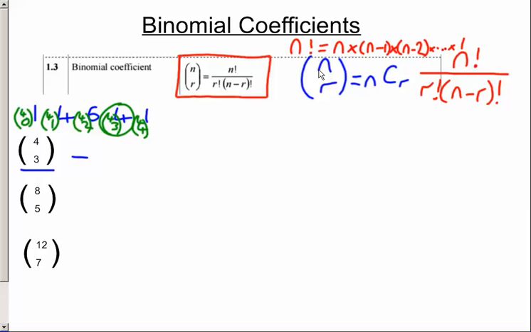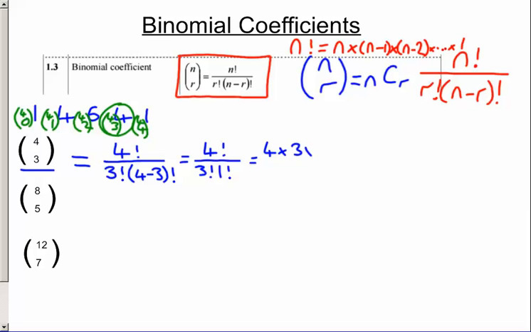So (4, 3). Well, first of all, we just substitute the numbers in. That is 4 factorial over 3 factorial, 4 minus 3 factorial. So that's 4 factorial over 3 factorial, 1 factorial. Now 4 factorial means 4 times 3 times 2 times 1. 3 factorial is 3 times 2 times 1, and 1 factorial is just 1.